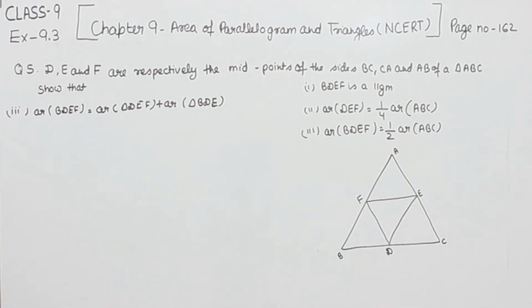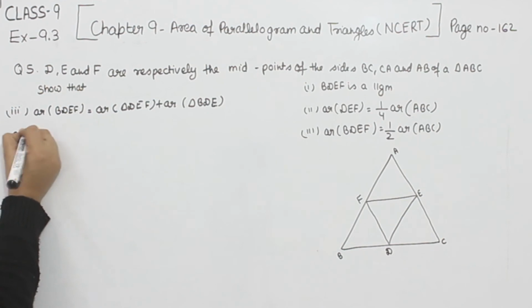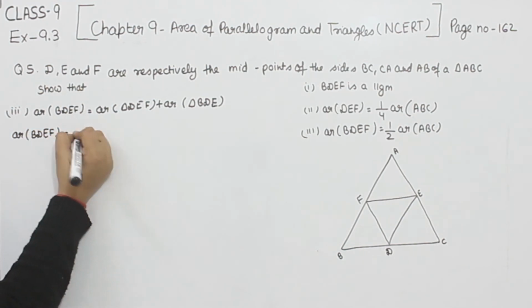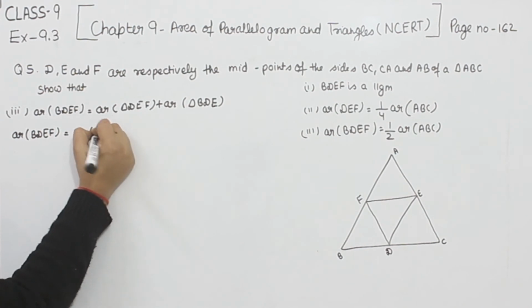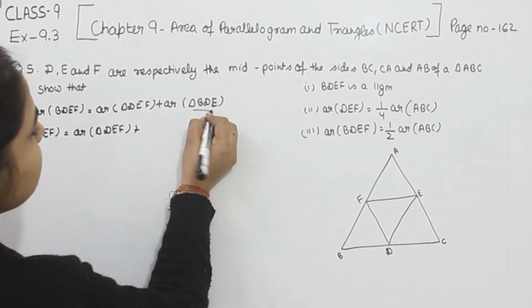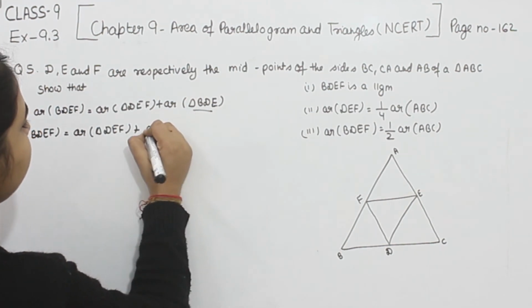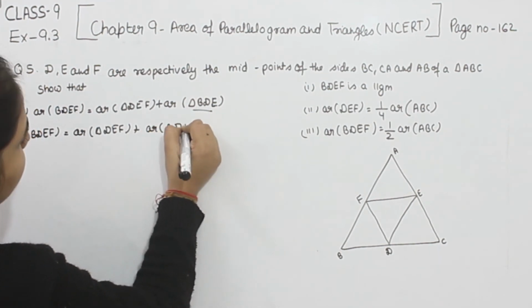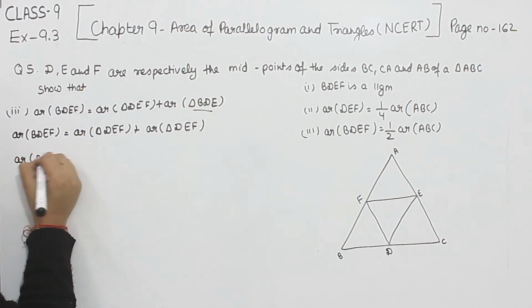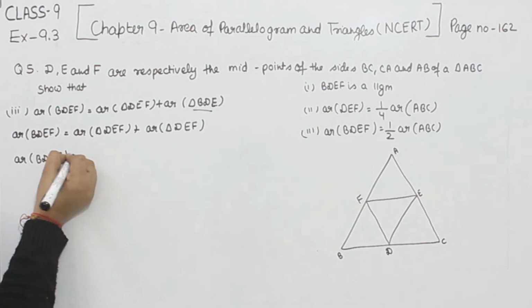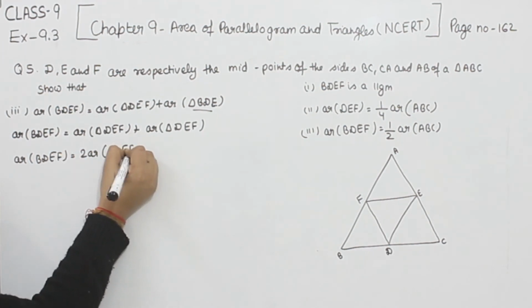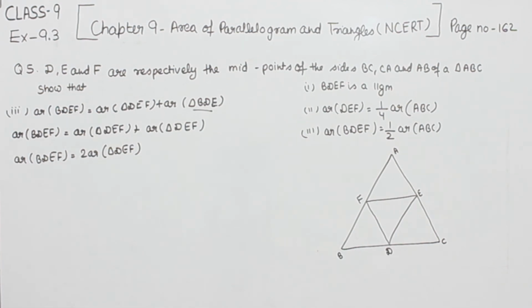Now the area of parallelogram BDEF is equal to the area of triangle DEF plus, this one is also equal to DEF, so the area of triangle DEF. Now the area of BDEF is equal to 2 times the area of triangle DEF.